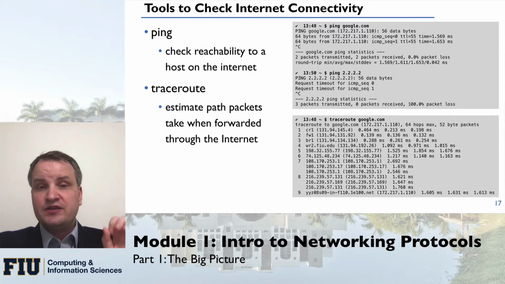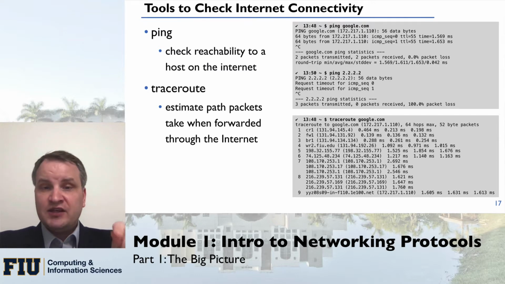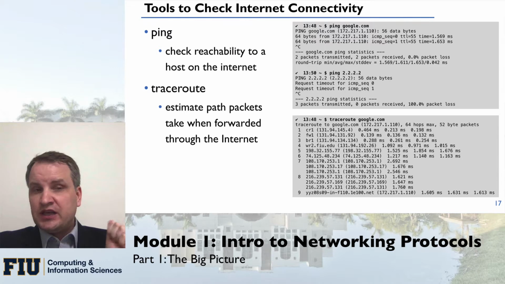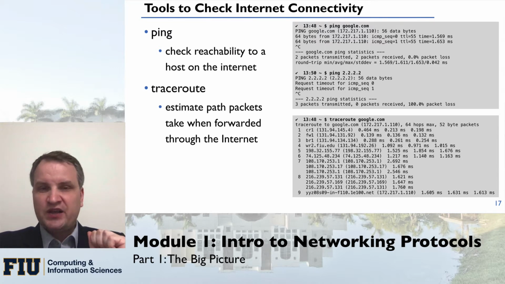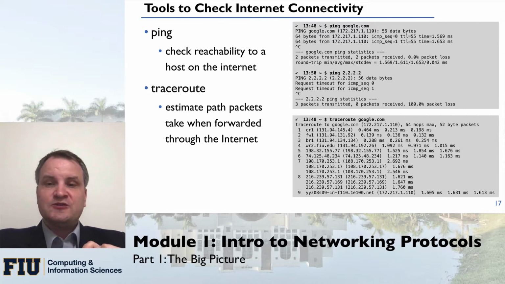But for now, just think that traceroute can give you the approximate path. Note that I'm using the words estimate and approximate because this is not the exact path, and these IP addresses may not really represent the actual path your packet is flowing. I'll try to explain this more in the future. But for now, you can take it that this is some kind of a path.